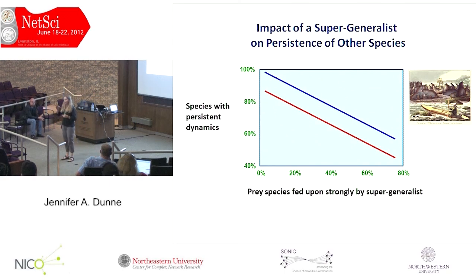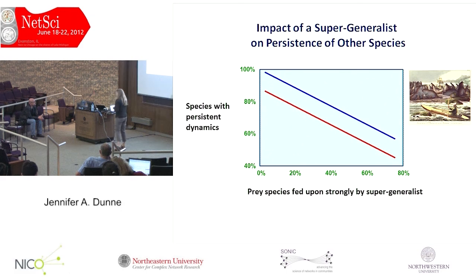And under what conditions will that tend to crash the system by resulting in a lot of extinctions of other species? And under what conditions will it tend to just blend in to the dynamics of the system and allow for coexistence?